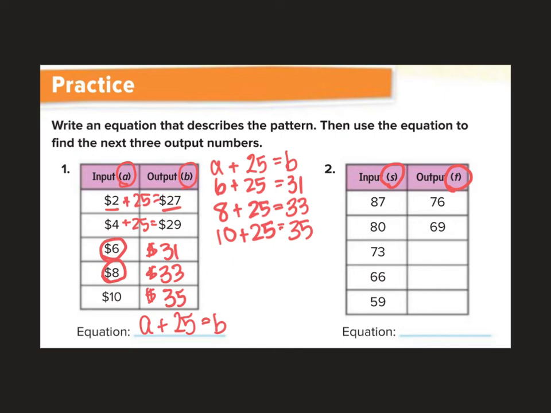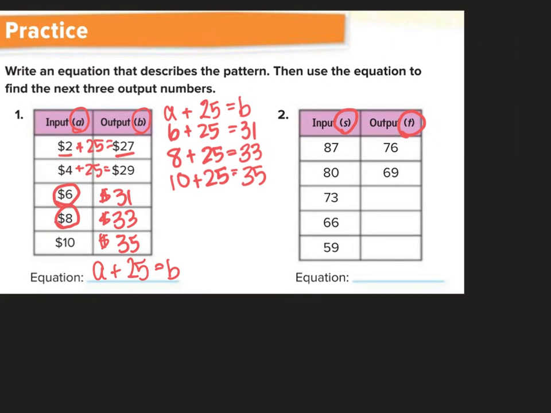I'm going from 87 to 76. I notice it's decreasing, but not by a multiple, so I'm not dividing. So let's see, what is 87 minus 76? 11. Okay, so we subtracted 11 to get that. Let's see, our next input was 80, output was 69. Let's see, 80 minus 69.